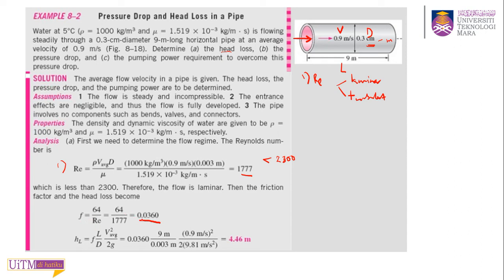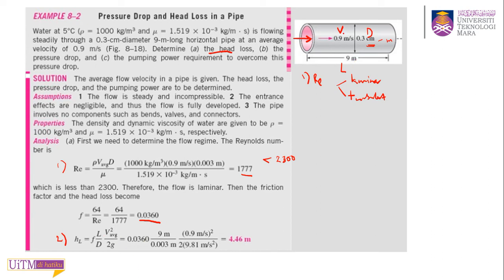Okay, so after you get your friction factor 0.036, you can use this head loss equation, because they ask you to find the head loss. This equation, F times L times V squared over D times 2G. So you have your F 0.036, you have your L, the length of the pipe is 9 meter.